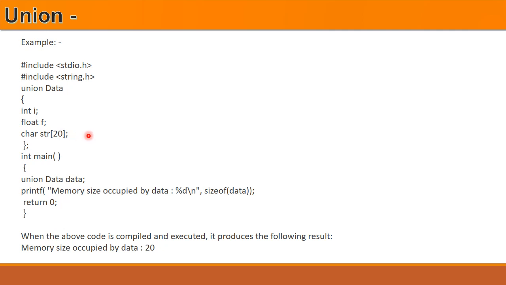So the member with the greatest memory size is what the union variable uses. The common storage used by this union variable is these 20 bytes only. It will be shared between these three members. Therefore the memory size occupied by data is 20.